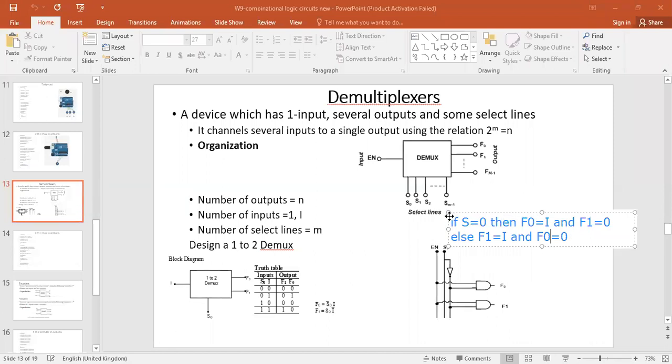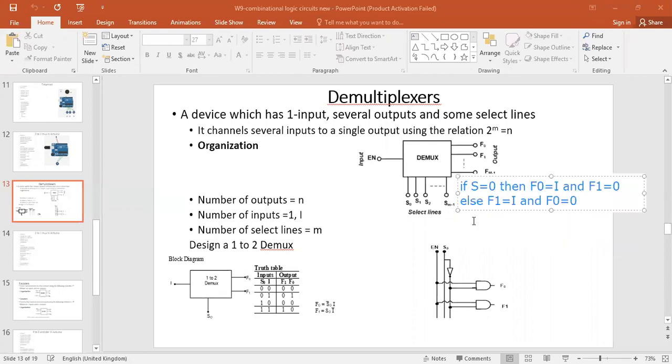And what do you think will be the code for this? The Arduino implementation? Somebody has to give us that implementation. If S is equal to 0.